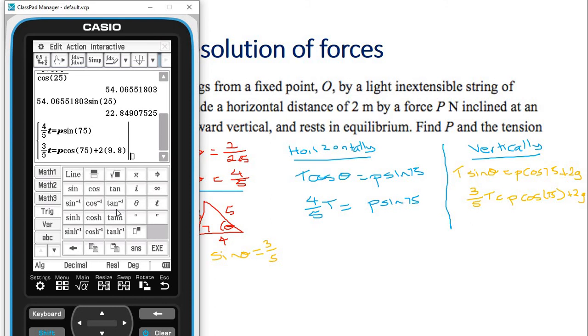And we're wanting to solve this for T and P. So solve for T and P.